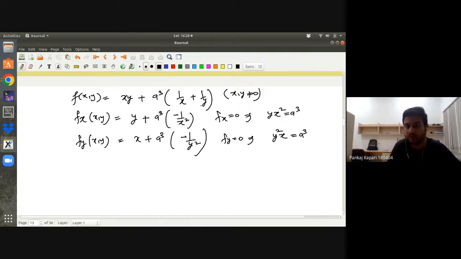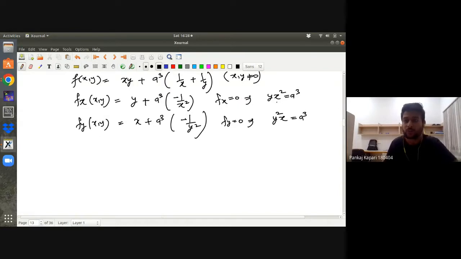So 1 by x is well defined, so x cannot be 0. What we are doing is setting them equal to 0 and multiplying both sides by x square, so we get these first two equations. Both y x square and y square x are equal to a cube, and therefore y x square must be equal to y square x.